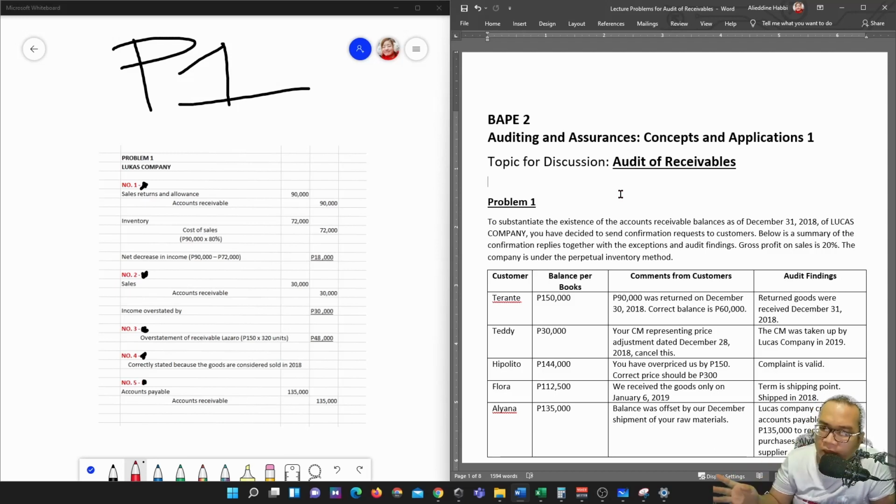Yeah. So, paano malalaman ni auditor yan? Maraming ways. Maraming ways malalaman nyo sa audit theory nyo, to verify kung tama ba yung nakalagay sa books. One of those ways is yung tinatawag nating confirmation request.